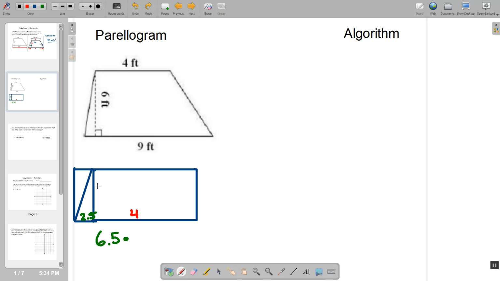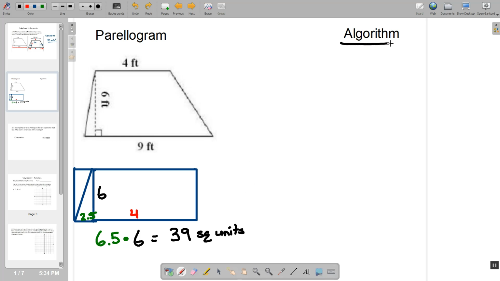The height is still 6 from the first part of our problem. So we're going to do 6.5 times 6. If we typed that into a calculator or did multiplying the long way, we end up getting 39 square units, which makes sense because that's what we got for the answer on the last one. And we're supposed to get the same answer all 3 ways.